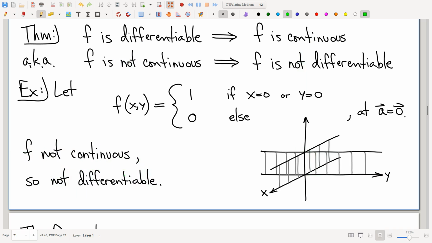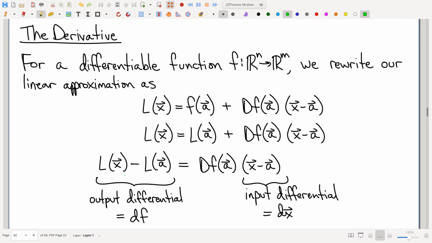Alrighty. Okay, so moving along. So we're going to talk about something called the derivative now. Now, you'll recall when we first started talking about derivatives, I mentioned there's a bunch of different kinds of derivatives, and this book and most others like to start with partial derivatives. It's an easy foot in the door, it's familiar, it's easy to work with, and that's kind of nice and all. But I gave you all this warning.